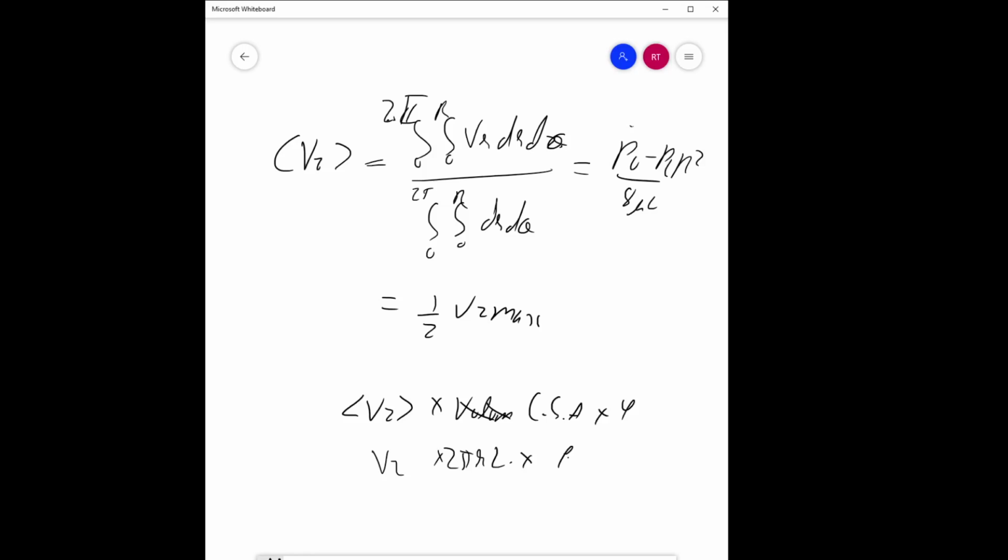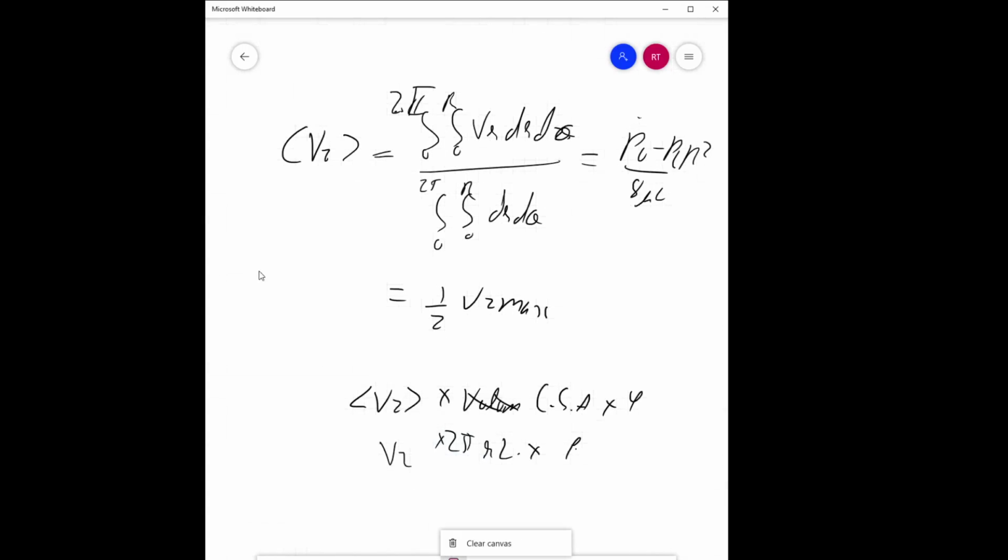And this was actually for the shear part, sorry about that. Here the cross-sectional area would be 2 pi r L, but that's for this segment. So the cross-sectional area for our entire cylinder would be pi R square, I'm sorry, capital R square.